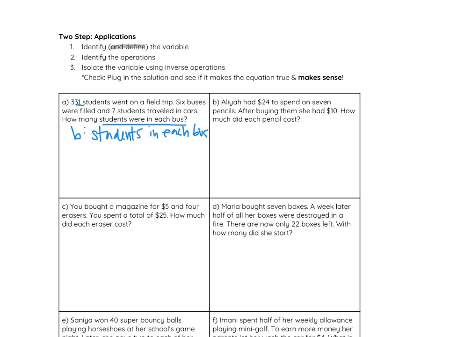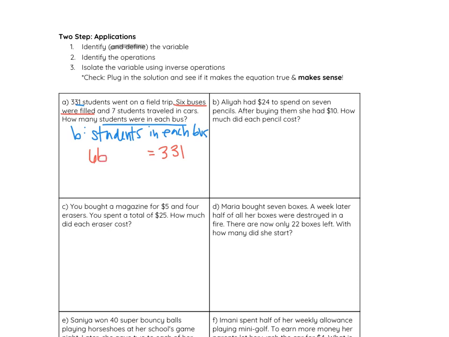Okay, there are a few different ways to set up this problem. I like to do it as what is the total? So in this case, we have a total of 331 students, right? Now we know that there were 6 buses filled. So there's 6 buses, but we don't know how many students were on each bus. If we did, what we would do is take that 6 and multiply it by how many students were on each bus.